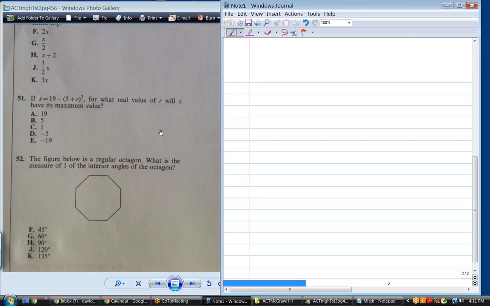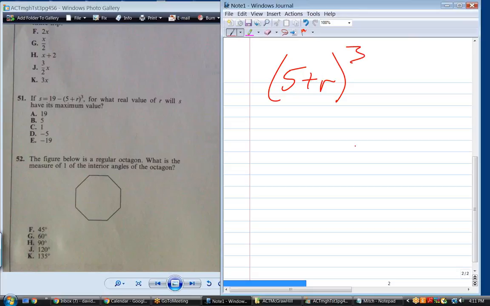In other words, S is big when 5 plus R cubed is either small or what? Negative. Correct. And in fact, the more negative it is, the better. So E? Yep.